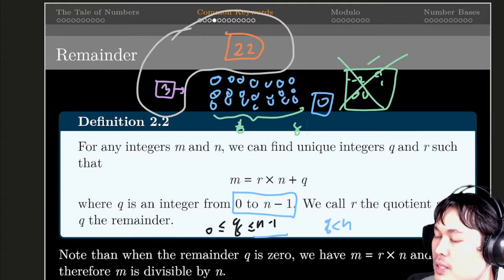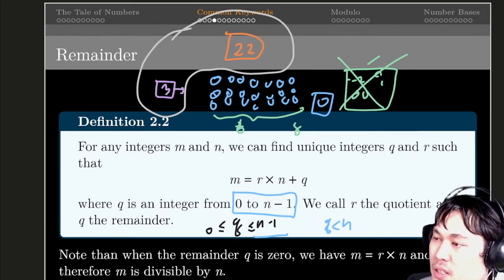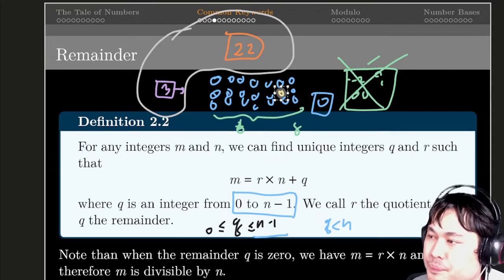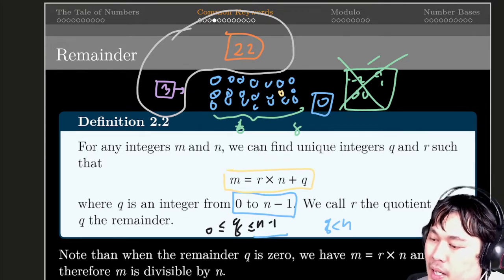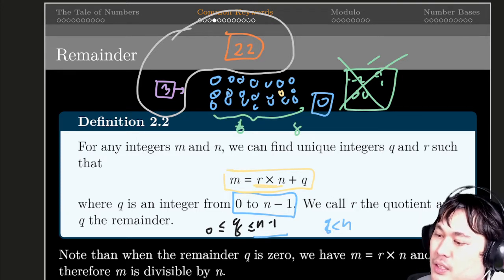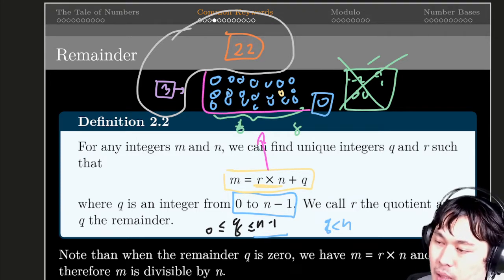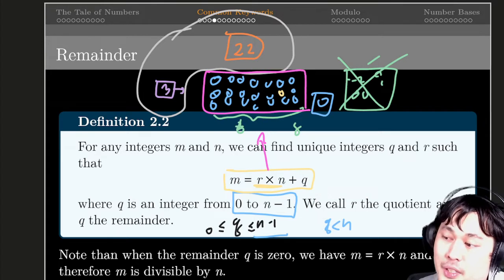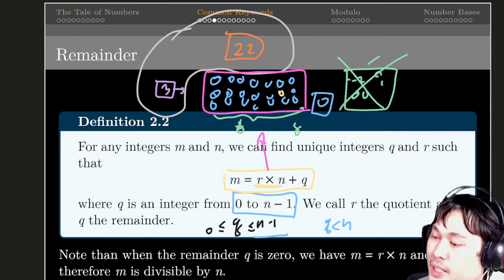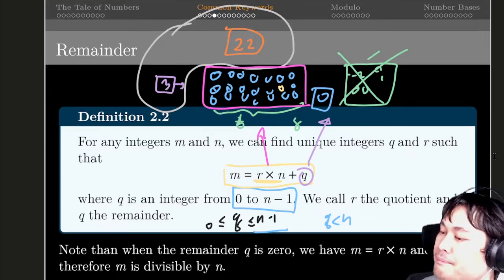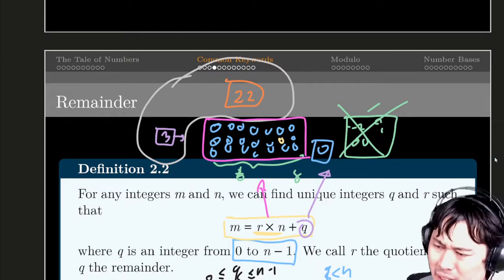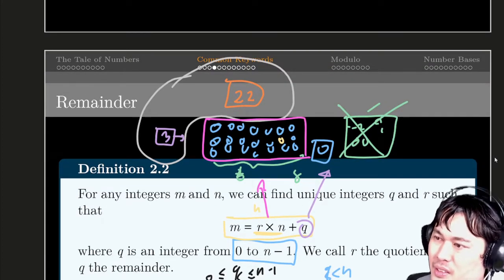That's the intuition behind this. And the way we write it is m equals q times n plus r. That's the number of objects we successfully divide, and r is what's left over on the other side. We can also write it as n times q.